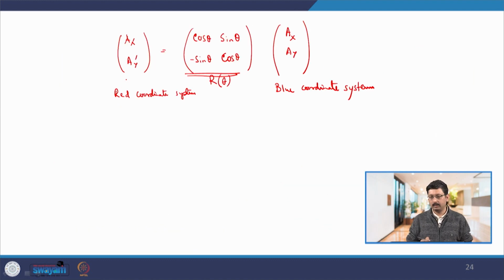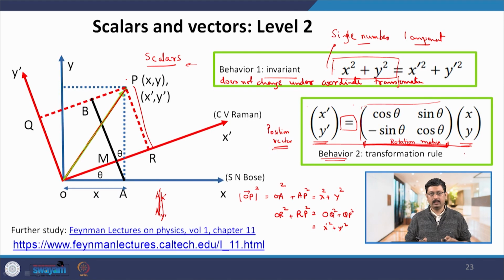So, that is why we usually say that vectors are quantities which have both magnitude and direction. Now, the advantage of this method of classification is that it is easily scalable.